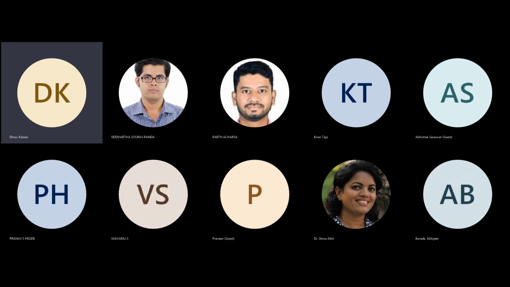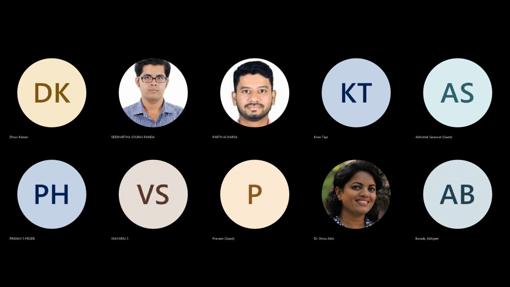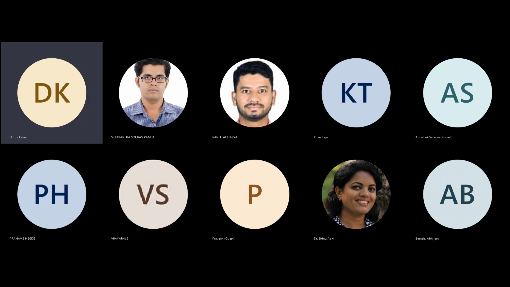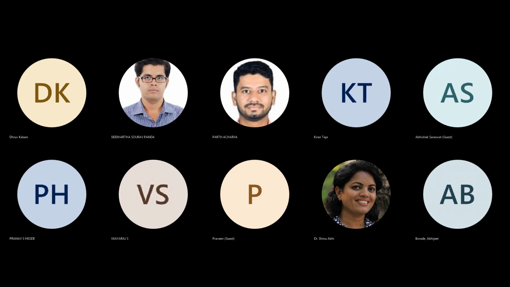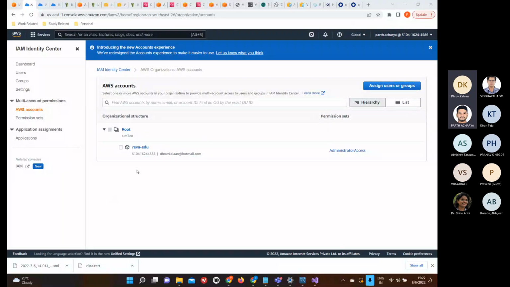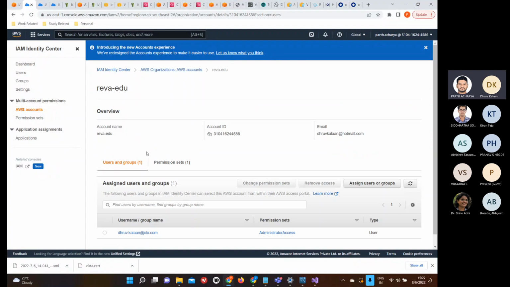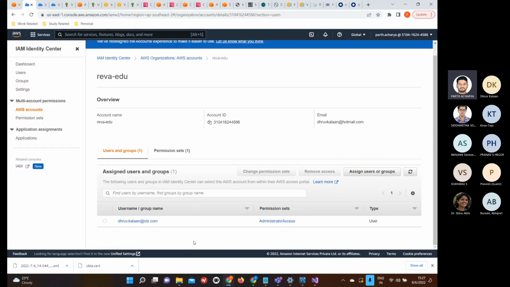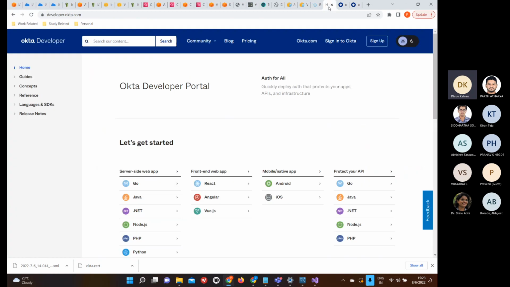Can you just share your screen once and just go back to the Okta account? Yeah, I was thinking of adding in here. Here is not there, no? Sorry. In the permission. Shouldn't make a difference. Just 1 second. Just go back to the Okta account.